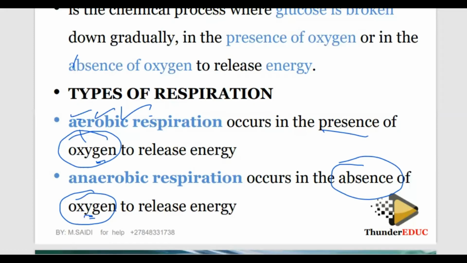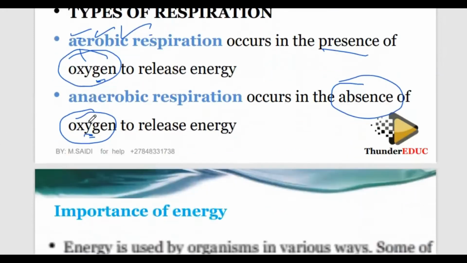However much it produces less energy, that energy can help to maintain the process that person is doing and also the normal functioning of the body. Hence, anaerobic respiration will occur. That's why this person opens the mouth so that they can take in more oxygen, but still that oxygen is not enough to produce the energy which is needed. Hence, anaerobic respiration will kick in.